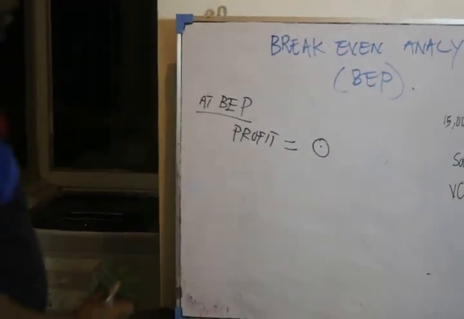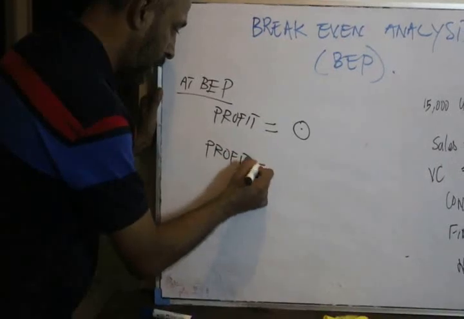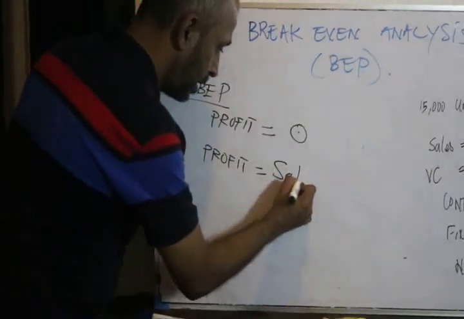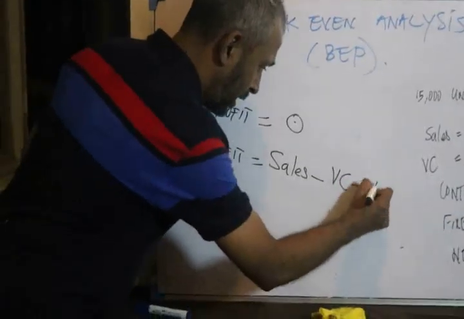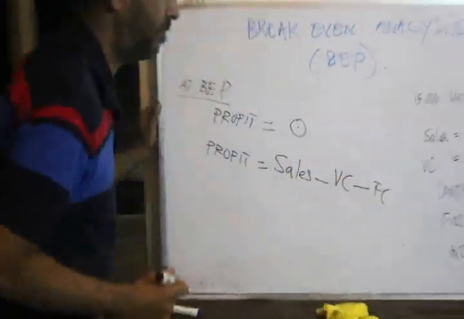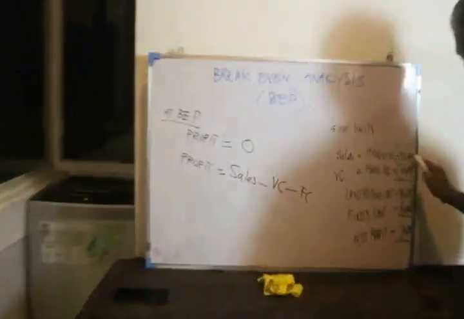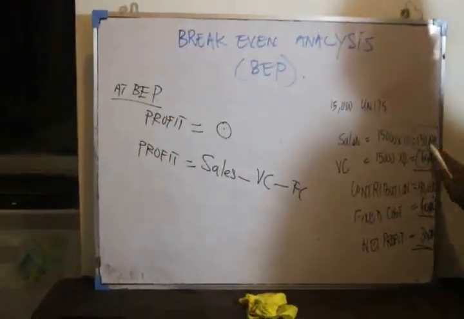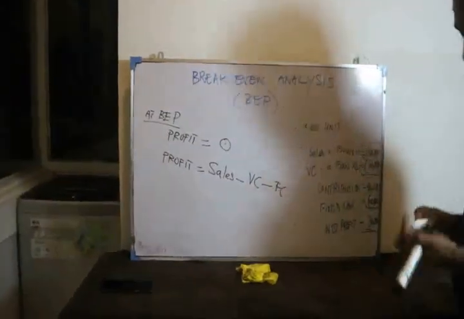Now we know how to calculate profit. Profit is equal to sales minus variable cost minus fixed cost. You can see this here, sales minus variable cost minus fixed cost.